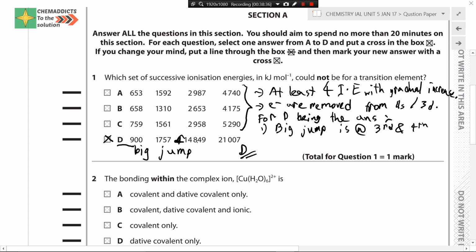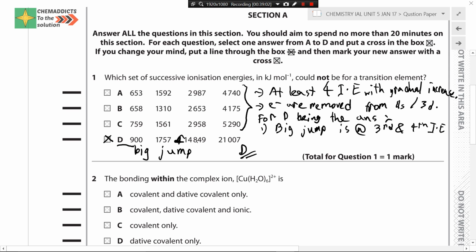Since there is a big jump, this shouldn't be a transition metal element. For an element to be a transition metal, it should have at least 4 consecutive or similar ionization energies. Okay, so this is the reason behind this.